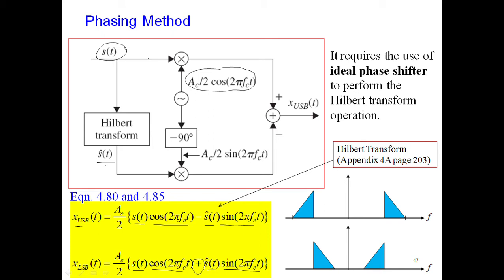We Hilbert the signal and multiply by the Hilbert of the carrier. When we add these two, we get minus 90 degrees using the Hilbert transform, and you will get the single sideband for the upper signal. For the LSB, you can use the inverse: if plus is USB, if minus is LSB.